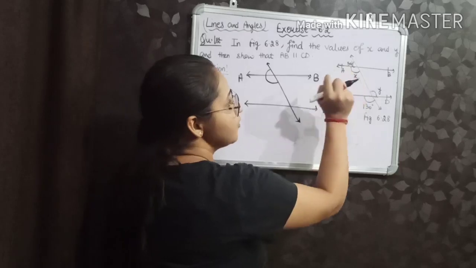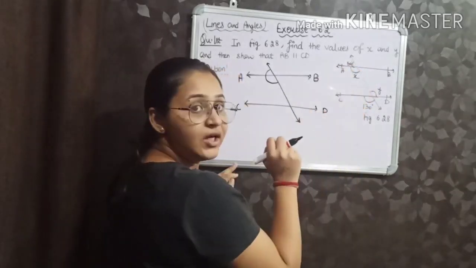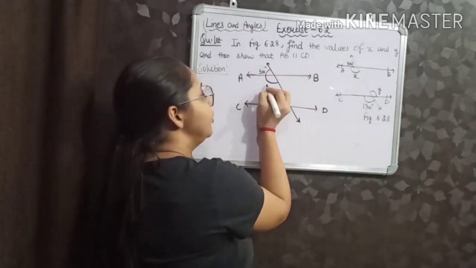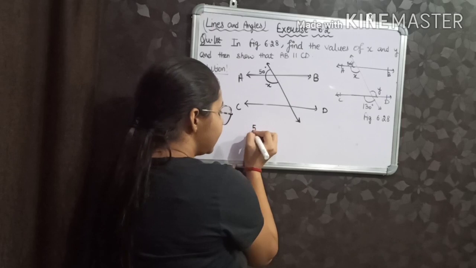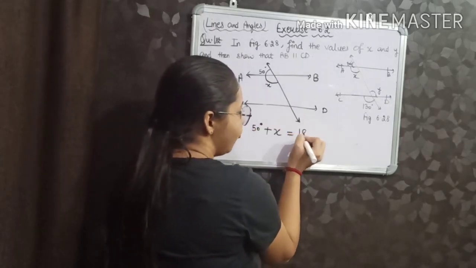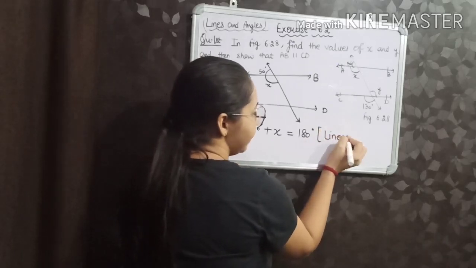So you observe that the angle here given is 50 degree. One angle is given as 50 degree.